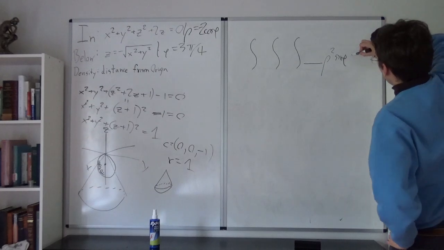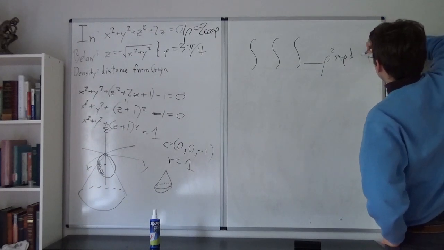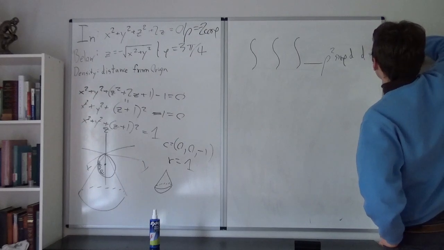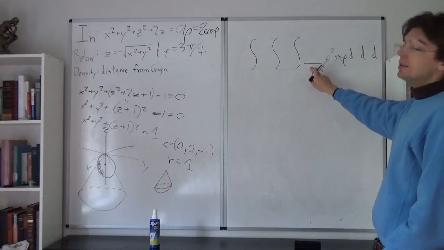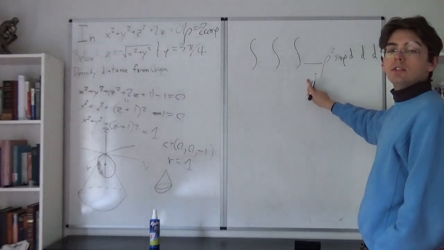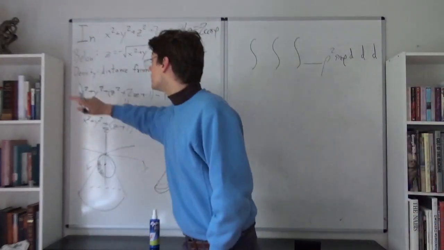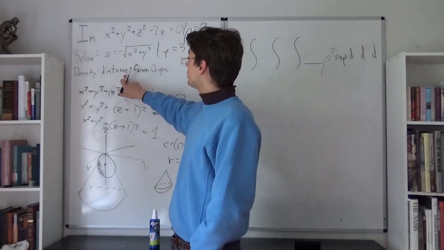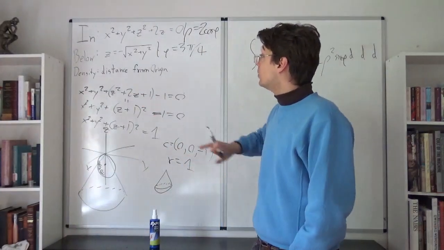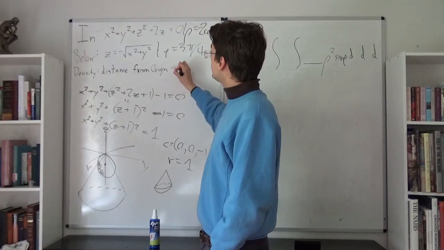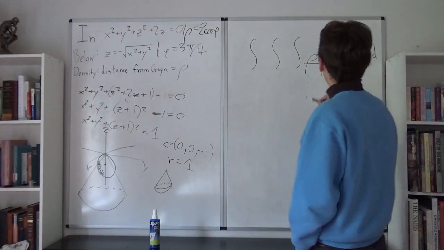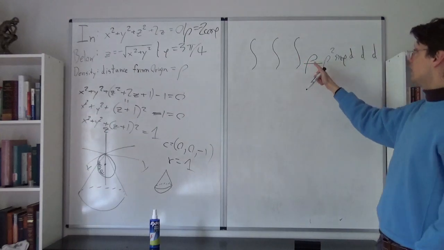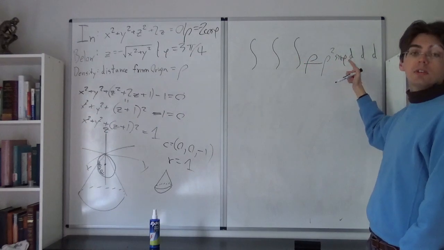I don't know which is the right order for my d's yet, but I'm just going to put them there so I know that I have to do that. Okay, so what is my integrand? What am I integrating? I'm integrating density. What is my density? Distance from the origin. So, what is distance from the origin? Oh, that's really easy in spherical. That's just rho. Okay, so what I'm integrating here is rho cubed times sine phi.